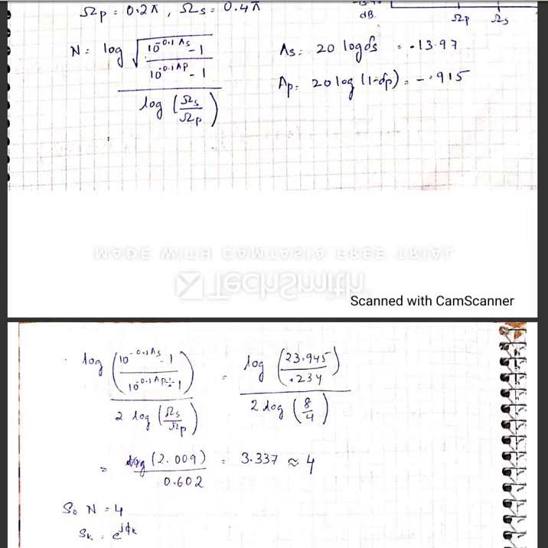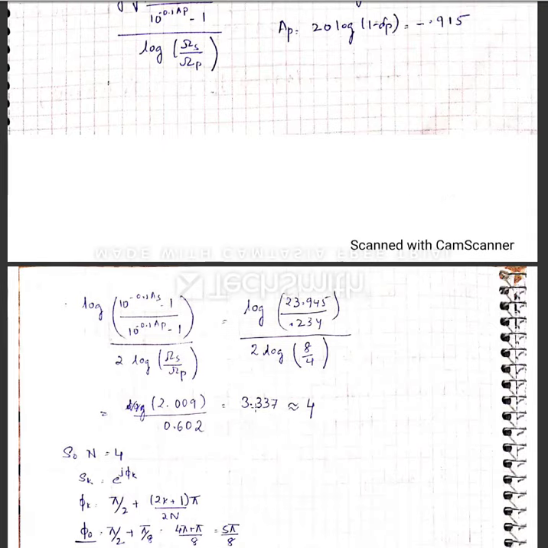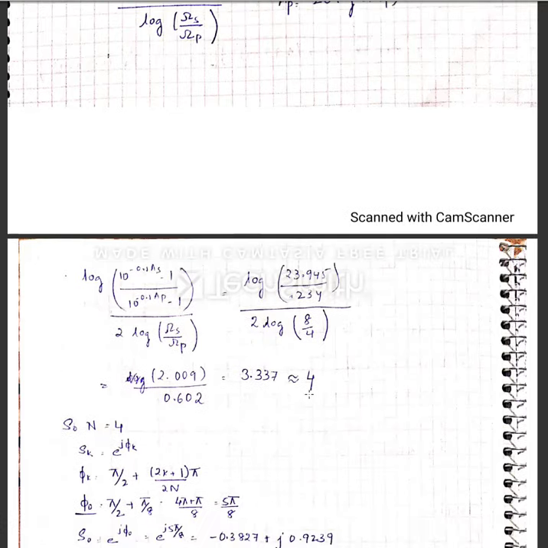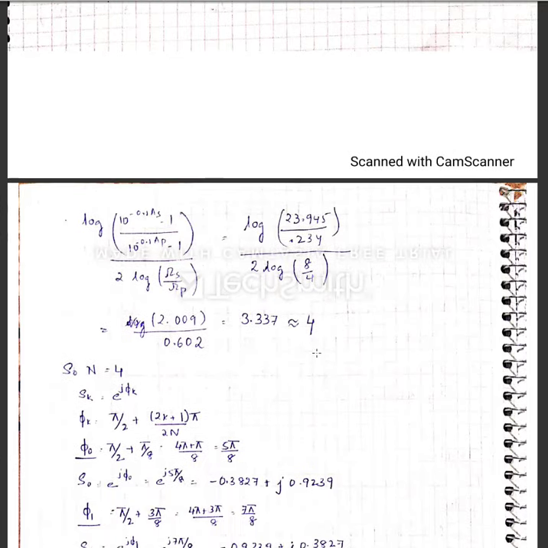I have not taken the root, I have assumed instead of root, 1 by 2, so that 2 I have taken down, so 2 log. If you solve it like this also, you will get the same correct answer. So the solved value of N is 3.337. The second step is rounding it off to the next higher integer, so you have rounded it off to the value 4.